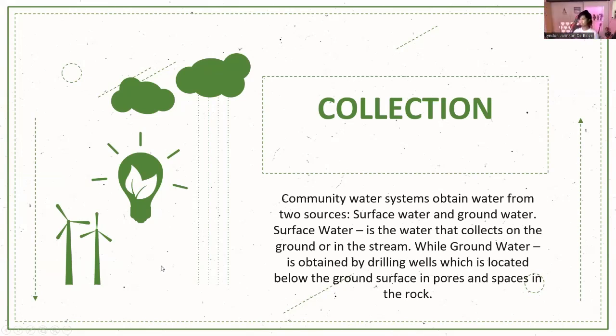Surface water is the water that collects on the ground or in the stream, while groundwater is obtained by drilling wells, which is located below the ground surface in pores and spaces in the rock. Bali, ito lang yung process ng pagkuha ng water or paghanap ng source of water na gagamitin para i-distribute at mag-undergo sa process na ito.